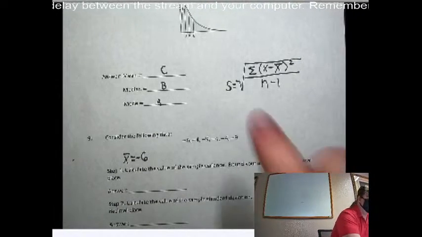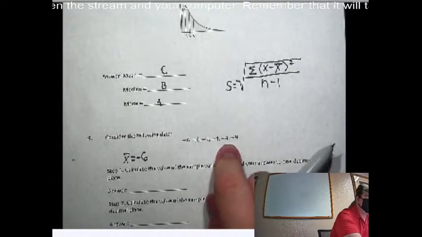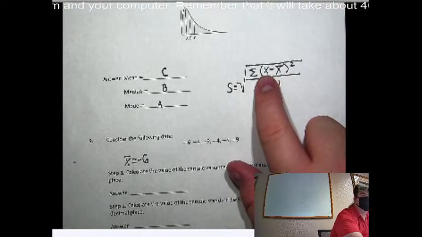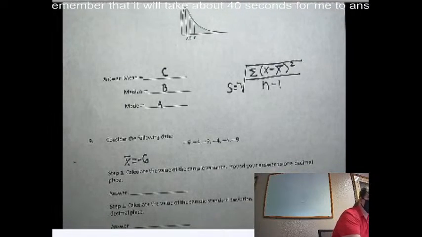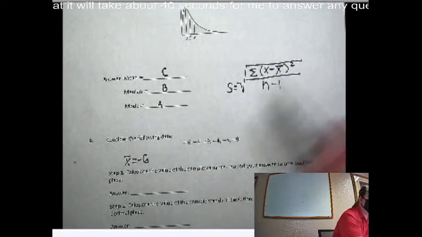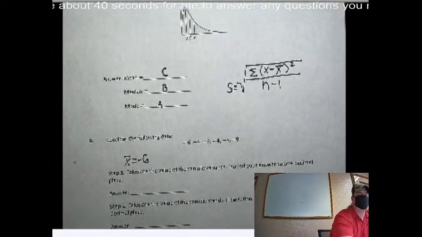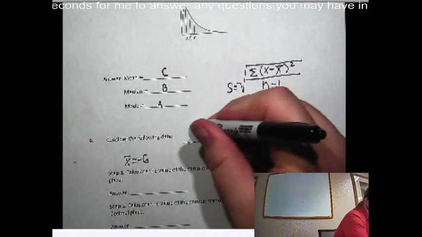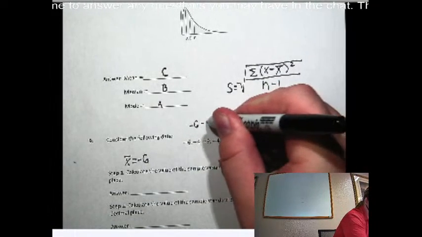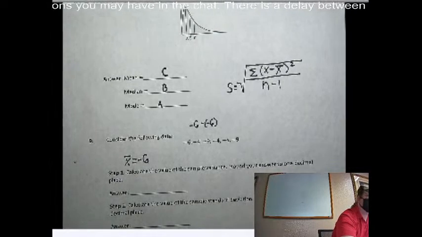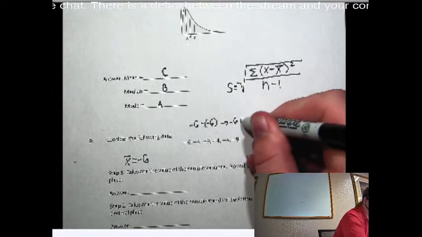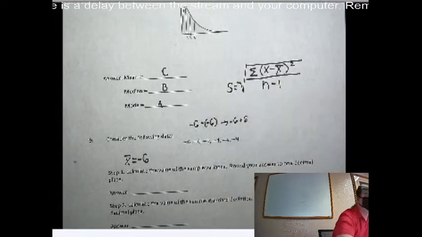So we need to take each of these numbers and subtract the mean from it. So -6 minus -6. Well, if you think about that, this becomes -6 plus 6 because of this double negative.